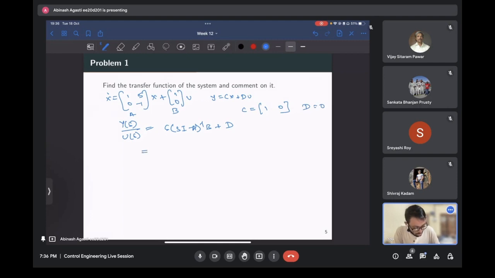So we'll get 1, 0 times (sI minus A) inverse times B. Okay, so what is this? Let's find the determinant.